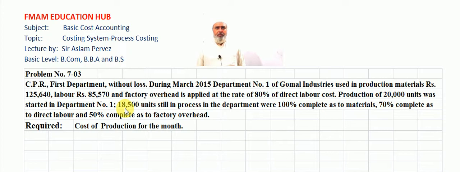At the end of March, the 1,500 units still in process in the department were 100% complete as to material, 70% complete as to direct labor and 50% complete as to factory overhead. Required: cost of production report.